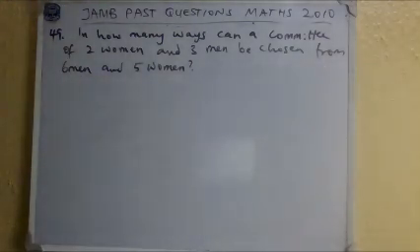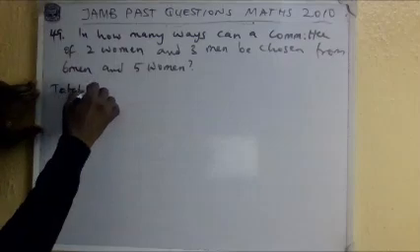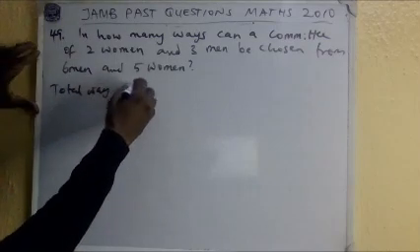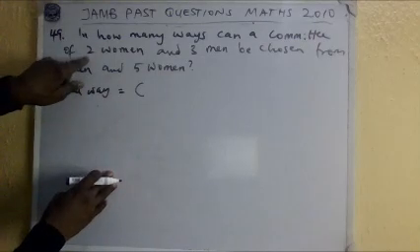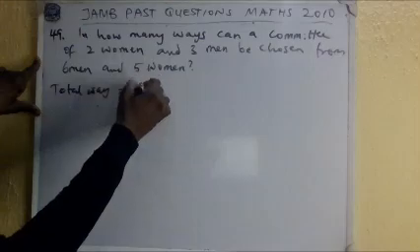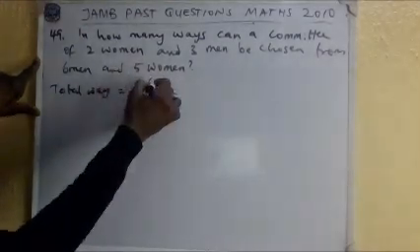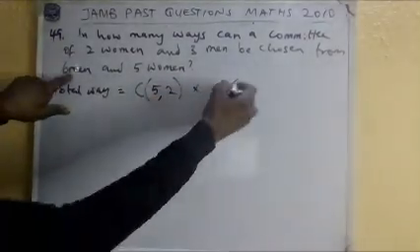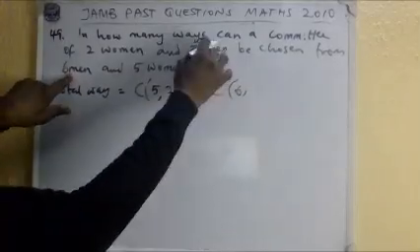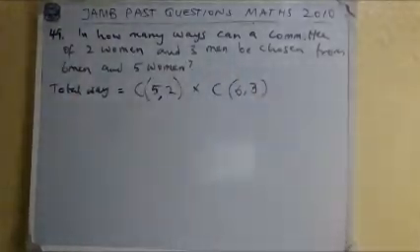So the total possible ways is the combination of the possible women, 5, and the one you are looking at, 2, times the combination of all the possible men, 6, and the one you are looking for, 3.